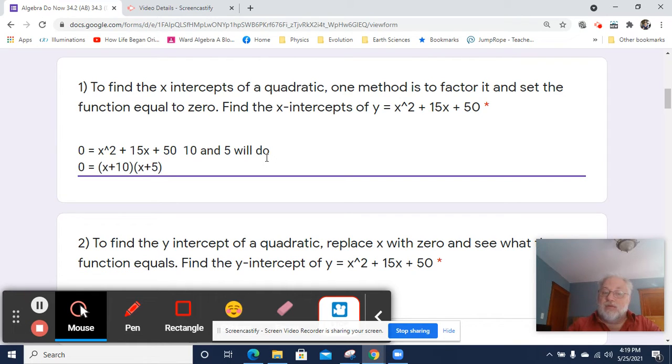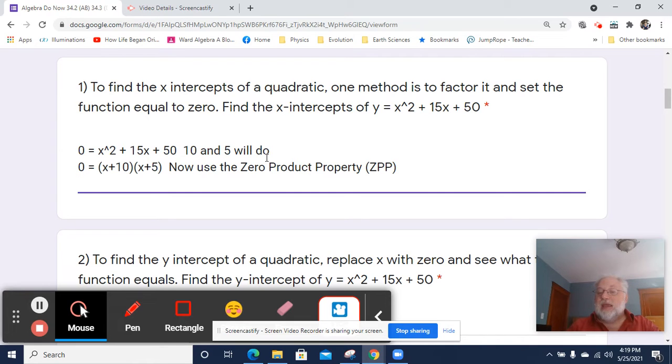And now we want to use the zero product property, or ZPP, which says that anything times 0 is 0. Since our product is 0, then x can be anything that would make this factor or this factor equal to 0. So if x was negative 10, x plus 10 would be 0, and so our product would be 0.